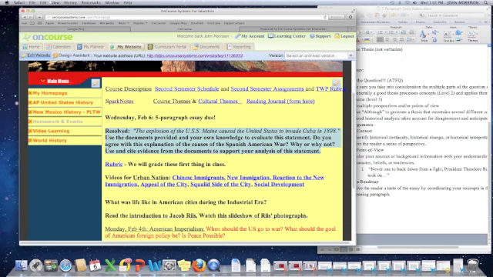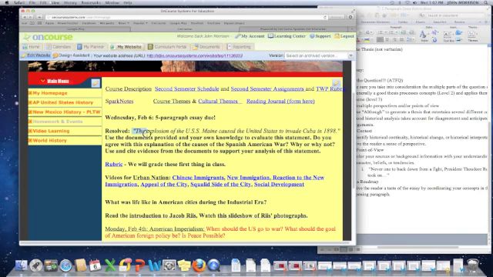Resolved: "The explosion of the USS Maine caused the United States to invade Cuba in 1898." Use the documents provided and your own knowledge to evaluate this statement. Do you agree with this explanation of the causes of the Spanish-American War? Why or why not? Use and cite evidence from the documents to support your analysis of this statement.